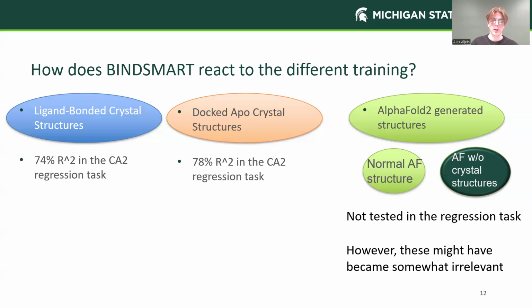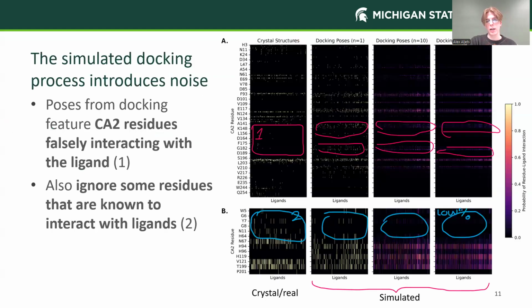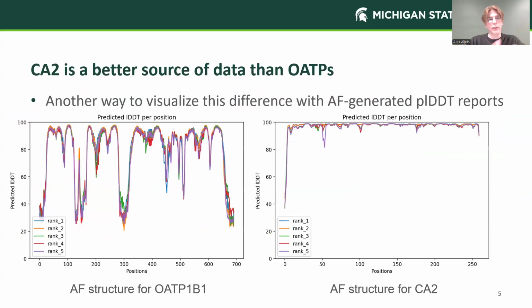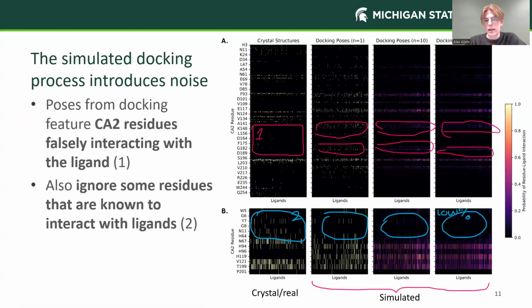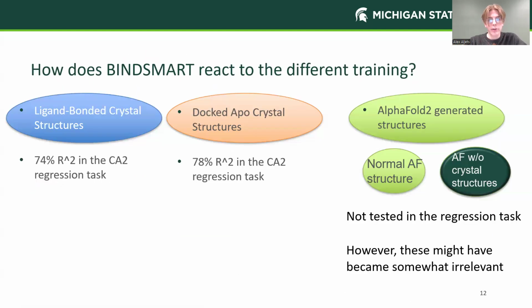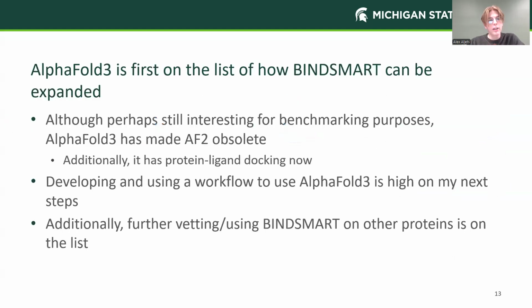But the pLDDT stuff was basically the same, pretty similar, so I decided not to compare those. They weren't tested in the regression task, and they might have been a little irrelevant because of AlphaFold 3.